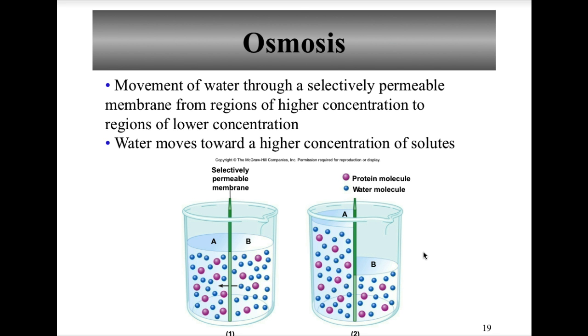If you are not at that 0.9% isotonic state, then water will either enter the cell or leave the cell. If we lose water, the cell will shrink. If we gain water, the cell will swell up. And because animal cells lack the cell wall that plant cells have, we only have the cell membrane, so the cell could burst or lyse.